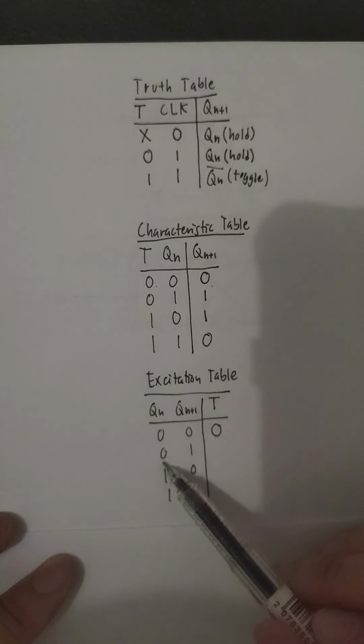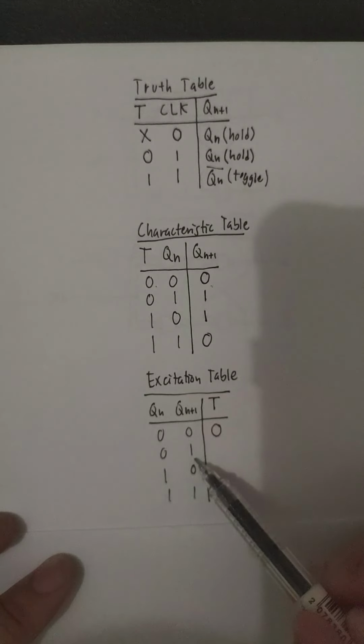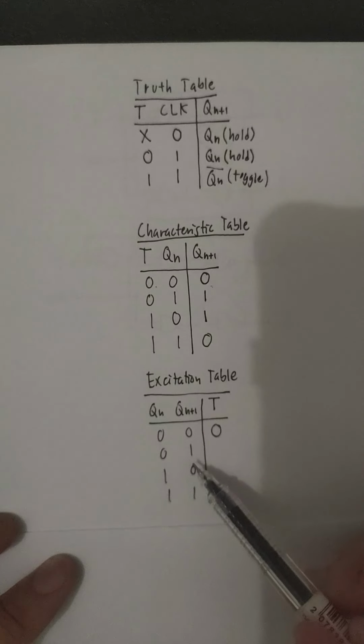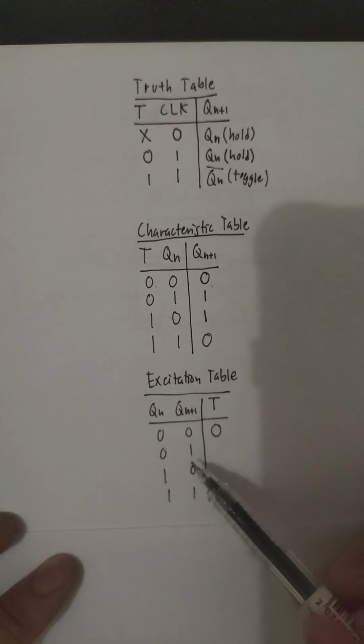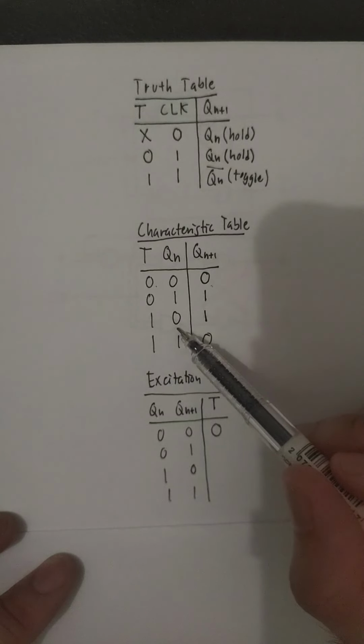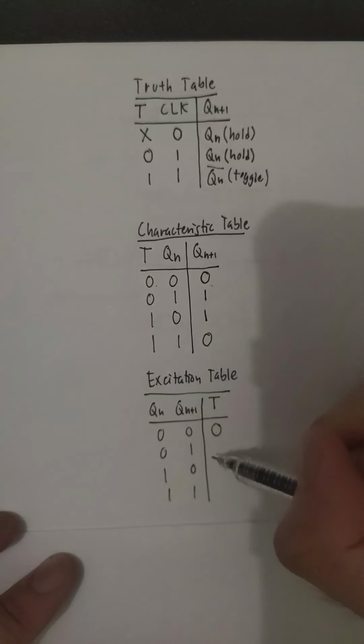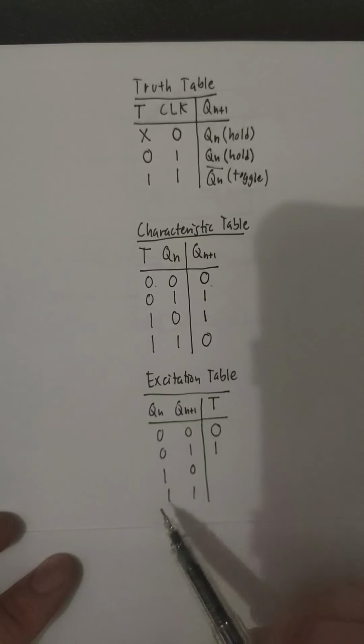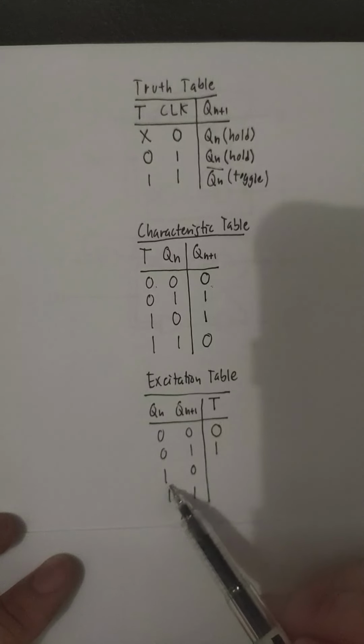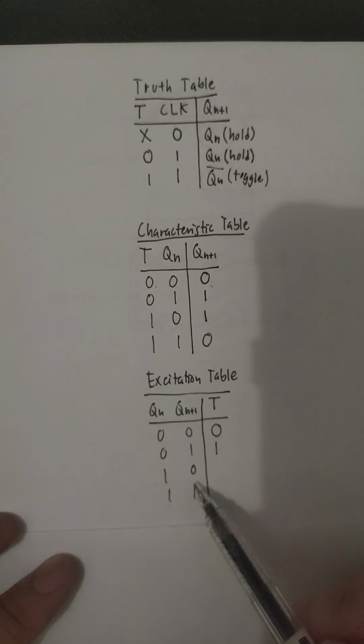Next, when our previous state is 0 and next state is 1, then there is a change. So rechecking on the characteristic table, our toggle input should be a 1. So next, when our previous state is 1 and the next state is 0, there is also a change.